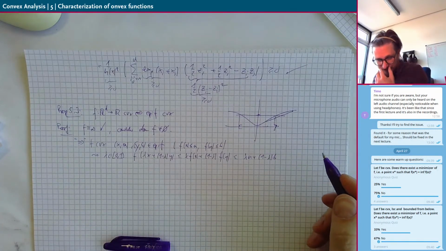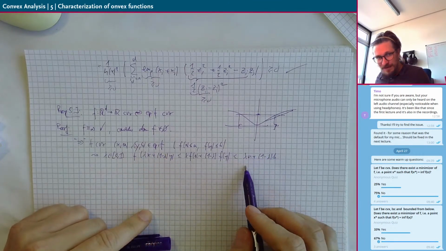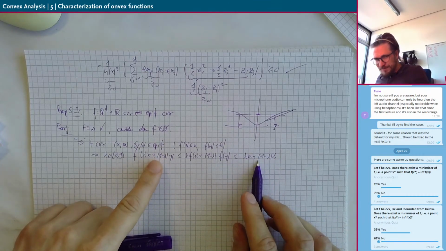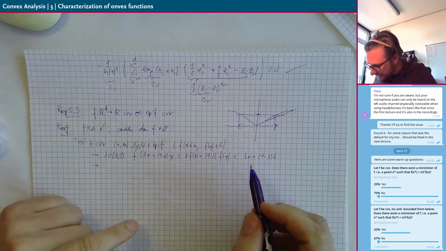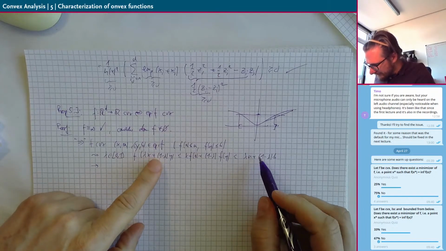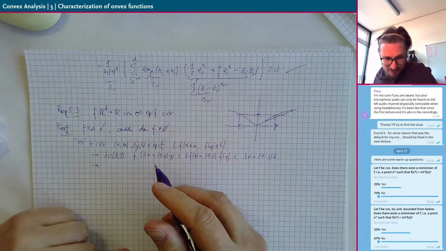Now we have another pair. The function at this point is smaller than that value, which means that this pair, value and point, is in the epigraph.